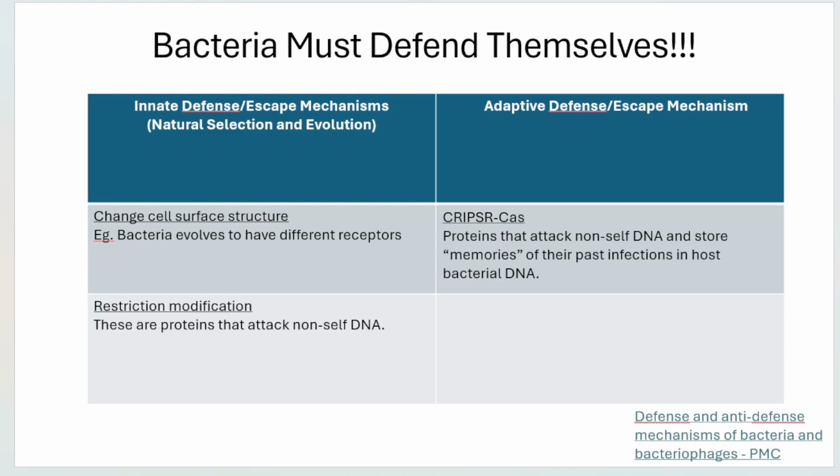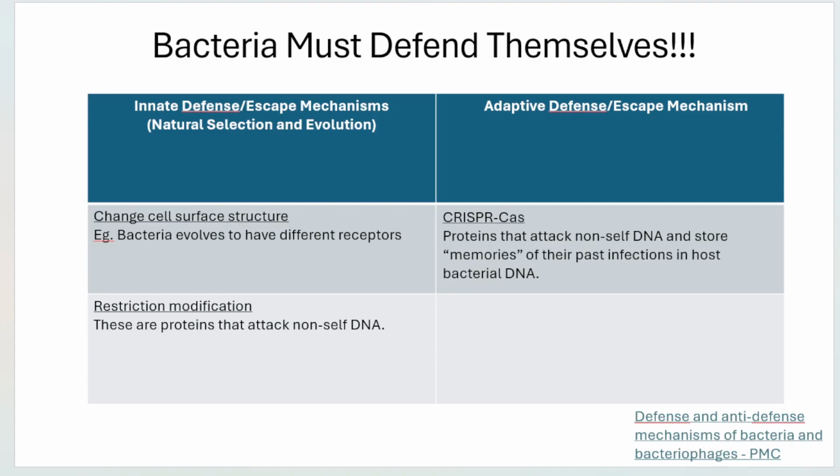So there's restriction modification, where these proteins within the bacteria will attack non-self DNA. In essence, it'll attack the phage DNA, but not its own DNA. And this is thanks to processes such as methylation, where you take a methyl group and stick it to the bacteria's DNA, and the proteins will see that methyl group and go, okay, this is bacterial DNA. That methyl group acts as like a tag, so that when it sees any other DNA that doesn't have that tag, it goes and attacks it.